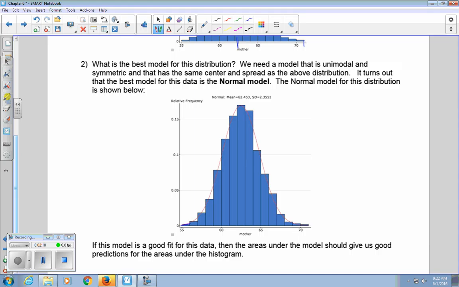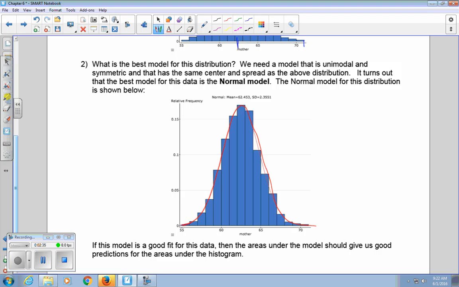The normal model, the red line here, looks like this, a little wiggly. It's symmetric and unimodal, and it fits this type of data quite well.